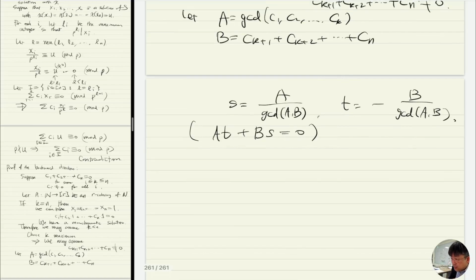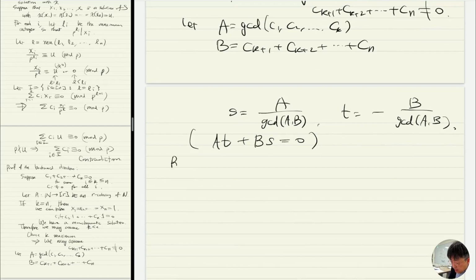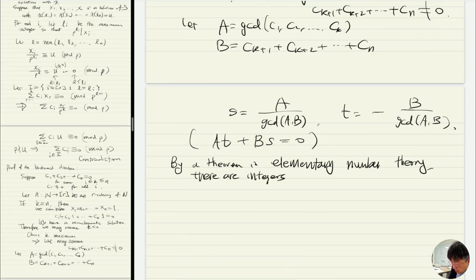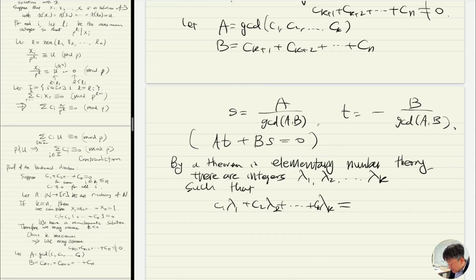Now, by a theorem in elementary number theory, there are integers, let's say lambda 1, lambda 2, ..., lambda k, such that I can have this linear combination of c1, ..., ck to create any multiple of a, because a is the GCD of these numbers, so I can create any multiple.